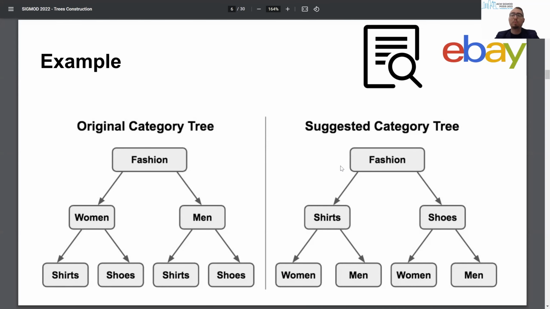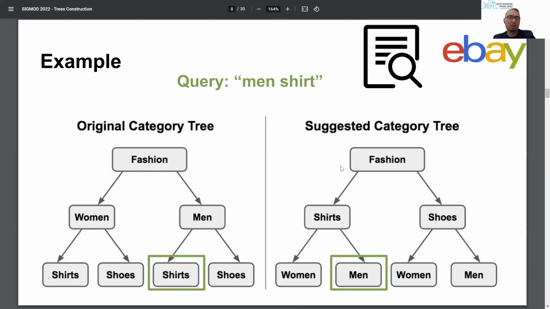Why is the problem so important, and why are we trying to have a specific category for each of the possible interesting input sets? Assume you have two different category trees: the original category tree and the tree suggested by our system. If you have the query men shirt, it doesn't matter which tree you use, as both can return good results. In the original tree on the left, you can go to fashion, men, and shirts.